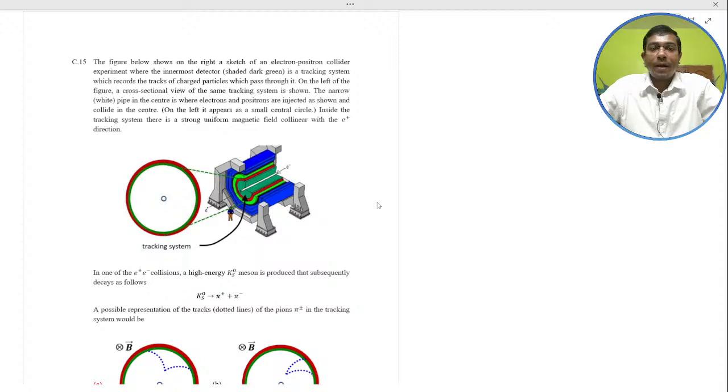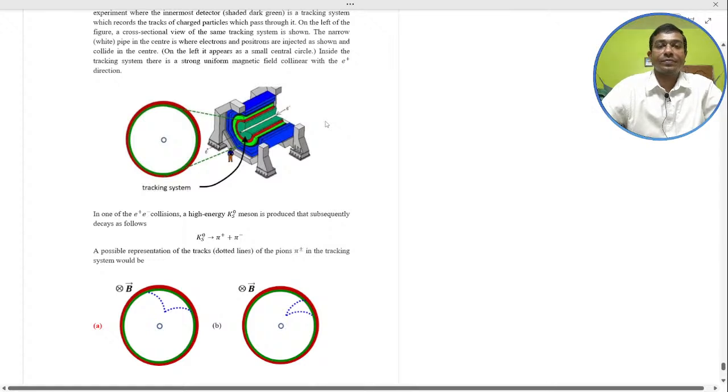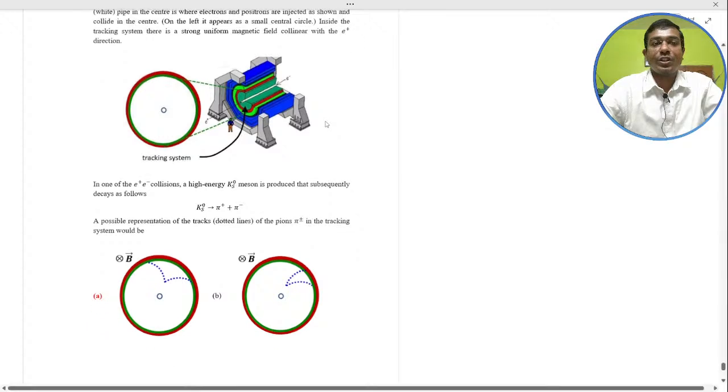On the left, it appears as a small central circle. Inside the tracking system, there is a strong uniform magnetic field collinear with the electron-positron direction.